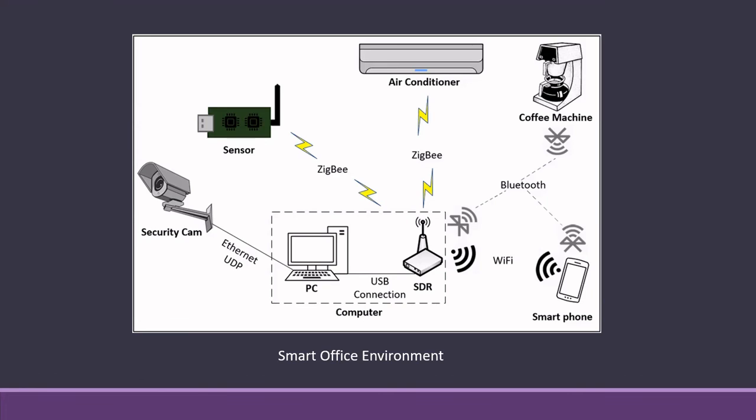At the same time, while he is doing some task, he can use his mobile phone and ask the coffee machine to make a coffee for him. Once it is made, he will be notified through the phone. He can quickly go and grab the coffee rather than wasting time waiting for it. Even the air conditioner temperature can be changed in a smart way.